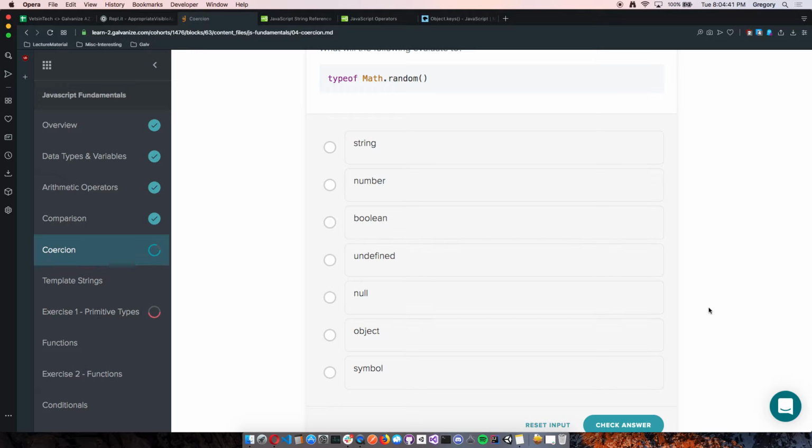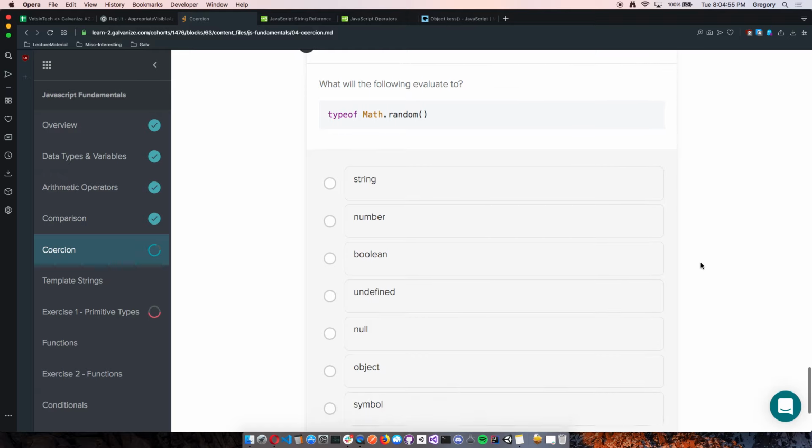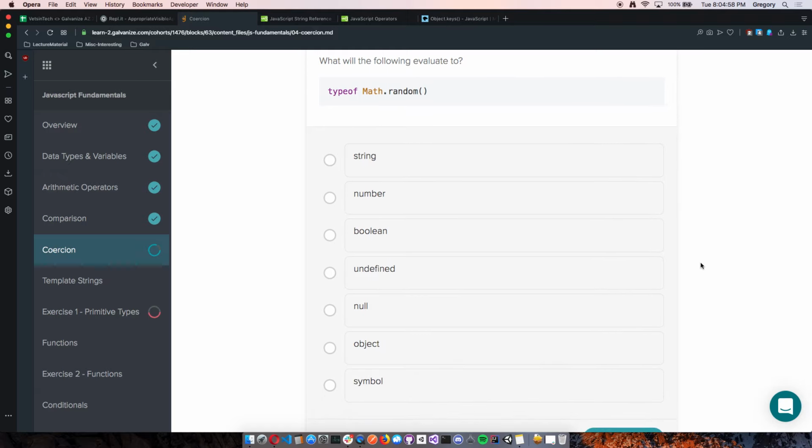Exactly. I think this could be one or two things because I don't know what's going to evaluate first. So I'm curious as to what you guys think this will be. You're going to guess number?